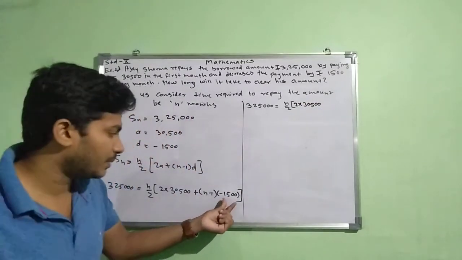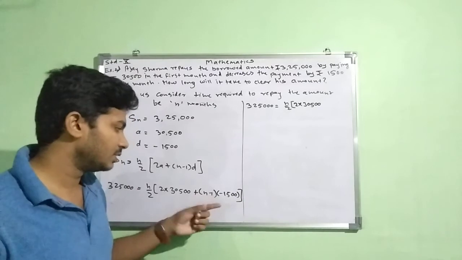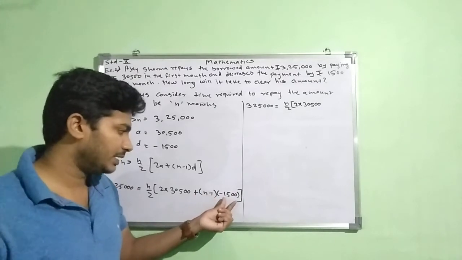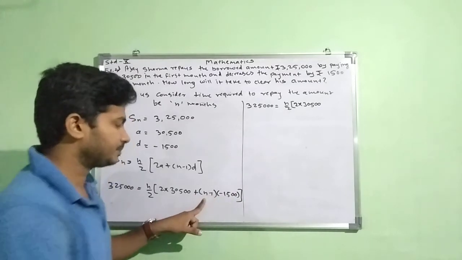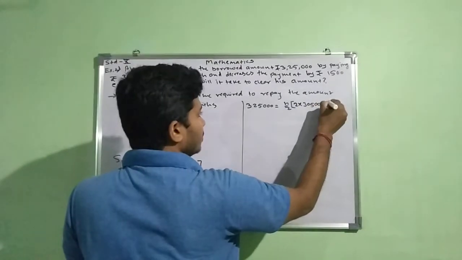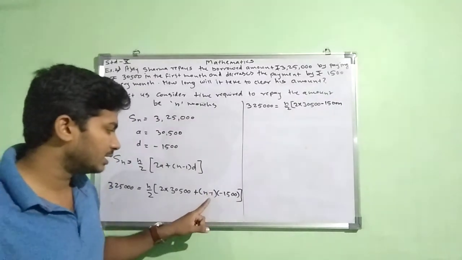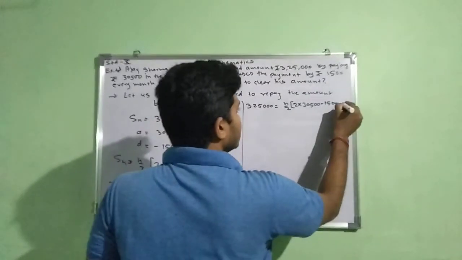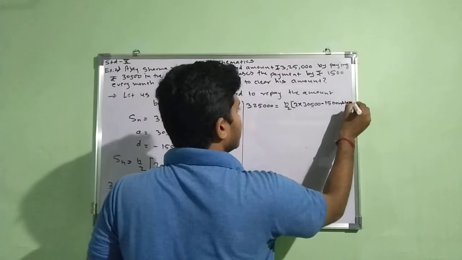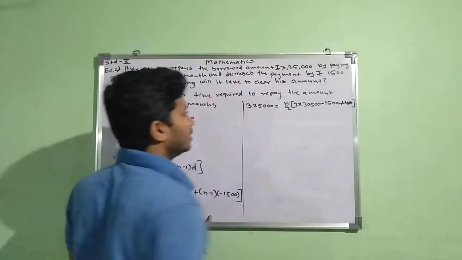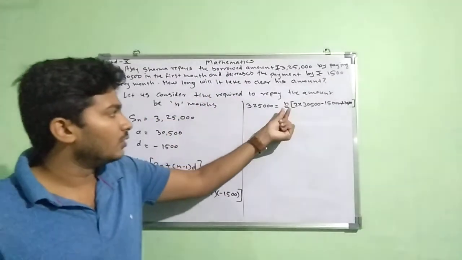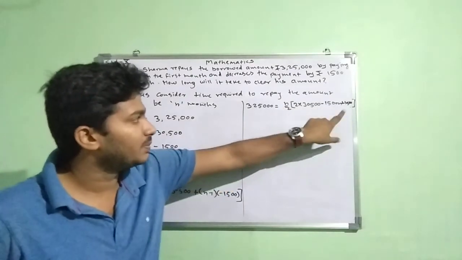Now we will multiply that minus 1,500 inside the bracket. So multiplication of minus 1,500 with n will be minus 1,500n, and multiplication of that with minus 1 will be plus 1,500. Okay, so that term will remain.